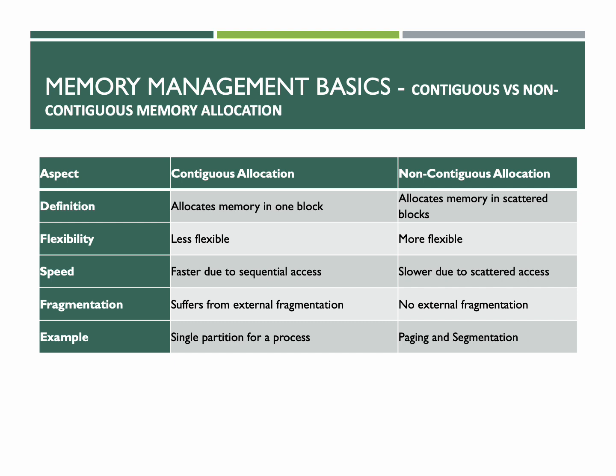Non-contiguous allocation does not suffer from external fragmentation, as processes can use memory in scattered blocks. For example, paging and segmentation eliminate this issue by breaking processes into smaller chunks.